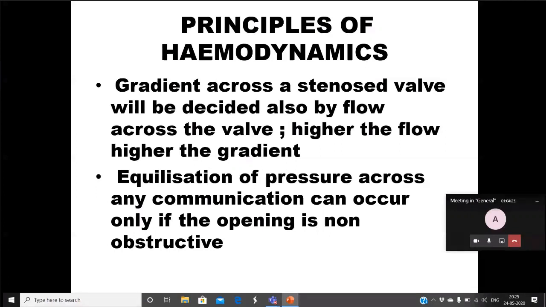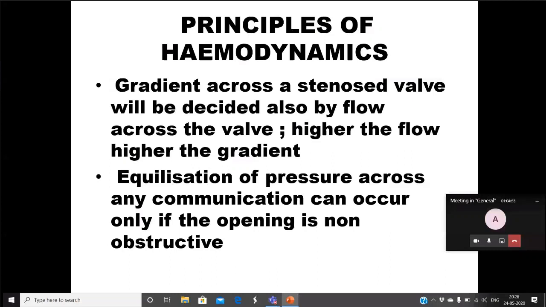Can you tell me one occasion where, because of increased flow, there can be a gradient across the pulmonary valve? ASD, sir. In ASD, people have described gradients up to 40 millimeters of mercury in a perfectly normal pulmonary valve with a very high flow across the valve. And across the aortic valve?